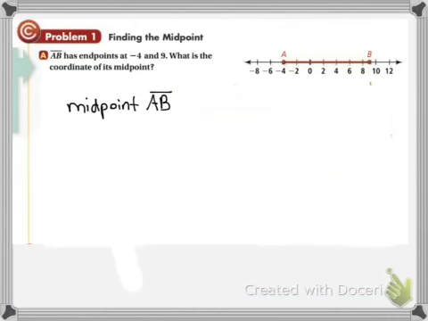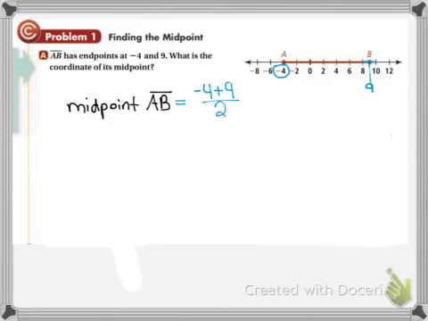So here I have a segment AB. Point A is at the coordinate -4, and point B, be really careful here, it's between 8 and 10, so it is at coordinate 9. Be very careful with that. If I want to find the midpoint of AB, I simply take the A coordinate, which is -4, add it to the B coordinate, and divide by 2.